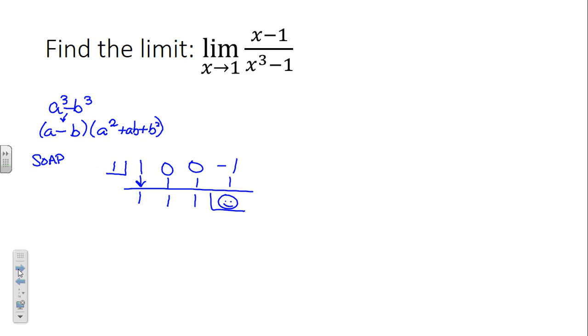So 1x squared plus 1x plus 1, times that x minus 1.